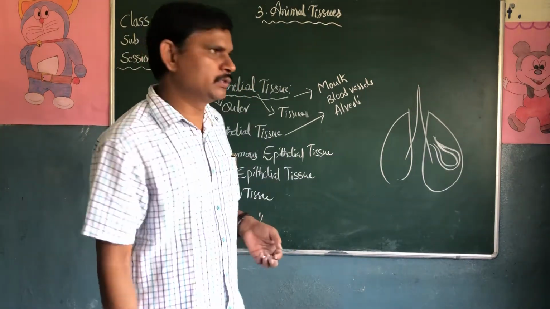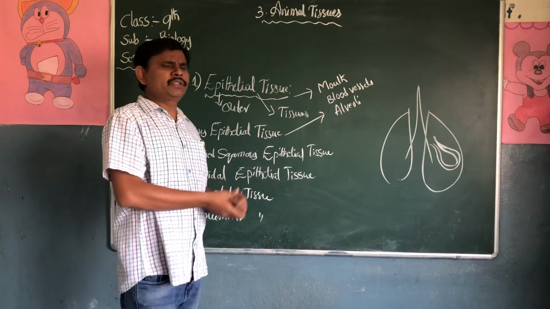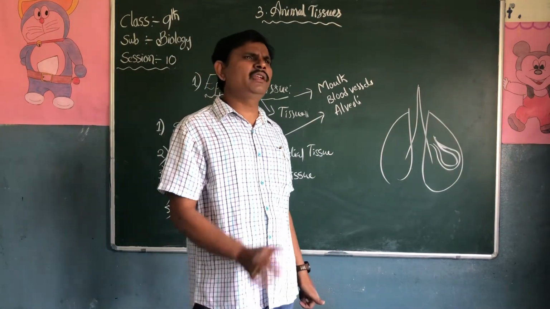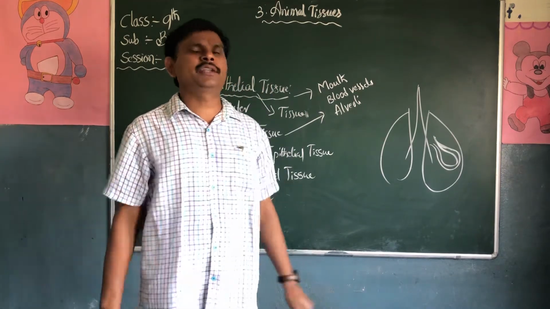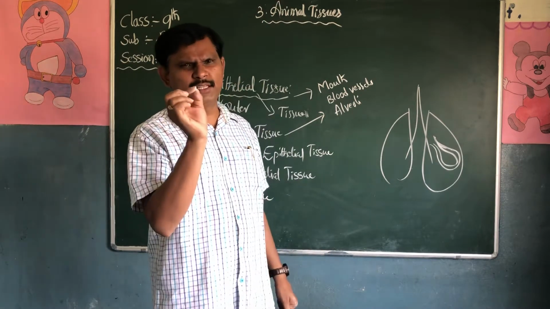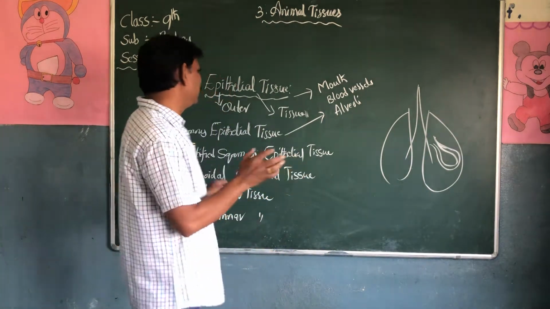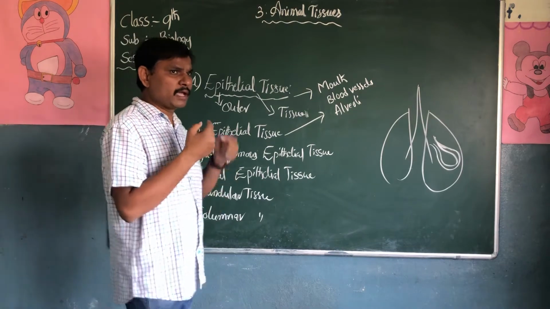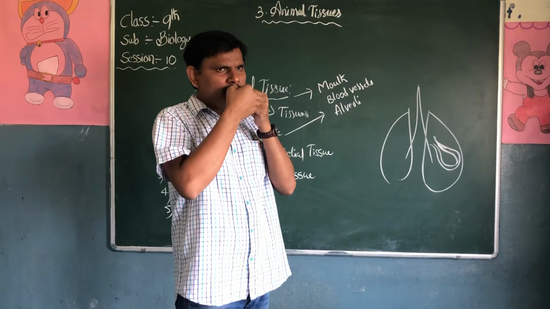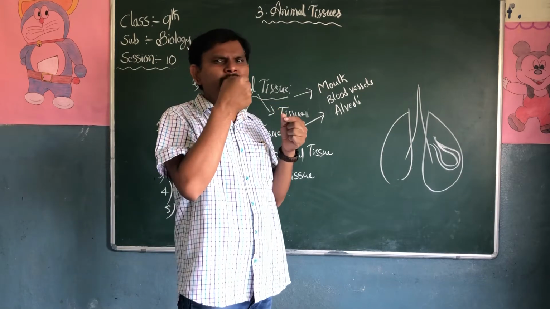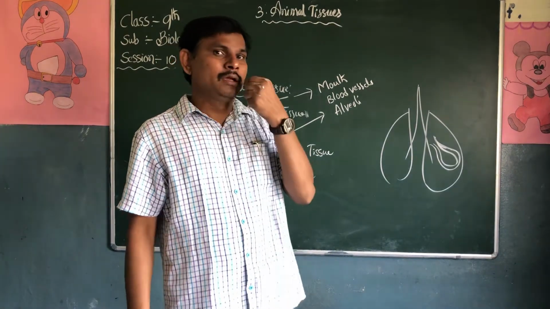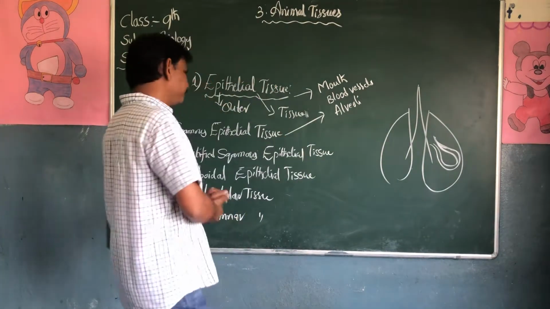Squamous epithelial tissues are very thin, very flat and very delicate. That's why, when doing the experiment with the inner lining of the mouth, it is a very thin, sensitive and delicate part inside the mouth.